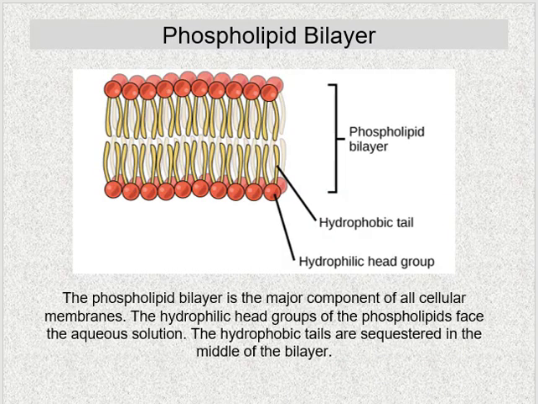Now, in a membrane, a bilayer of phospholipids will form because the phospholipids' fatty acid tails will face inside, away from the water, whereas the phosphate group will face the outside, towards the aqueous side.